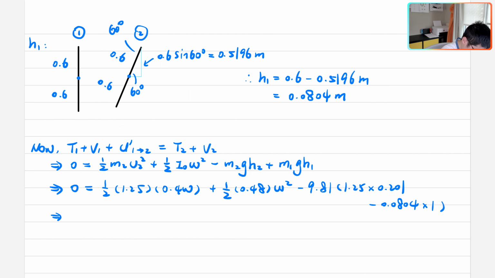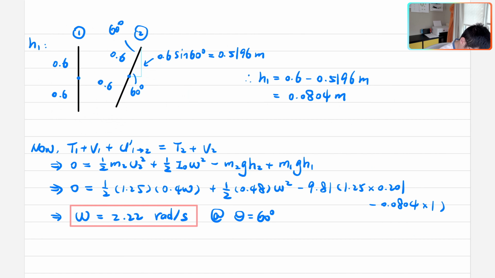Then I'll get omega 2, or omega in this case, 2.22 radians per second. This is what's happening when theta equals 60 degrees, the angular velocity of the slender bar, or of this M1 in this case.